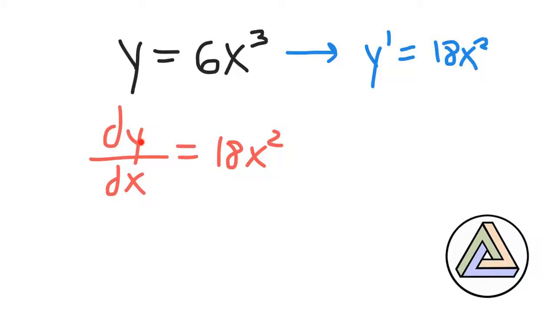It's the derivative of y, but with this extra verbiage that says with respect to x. The top numerator tells you what you are deriving, and the bottom denominator tells you which variable you're respecting. That new notation will really come into play when you're doing implicit differentiation.